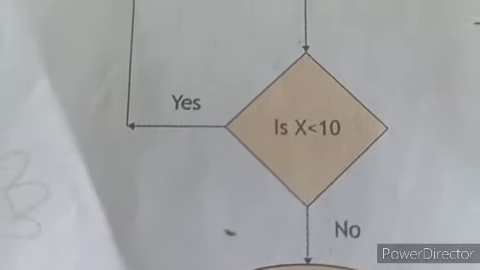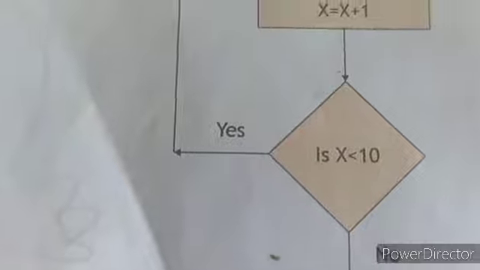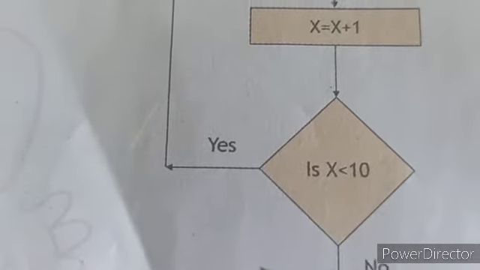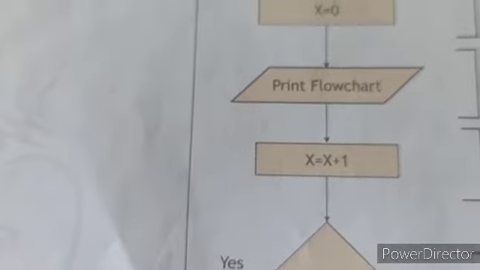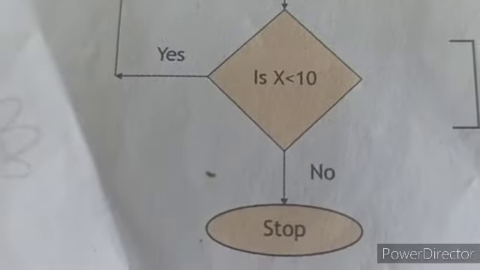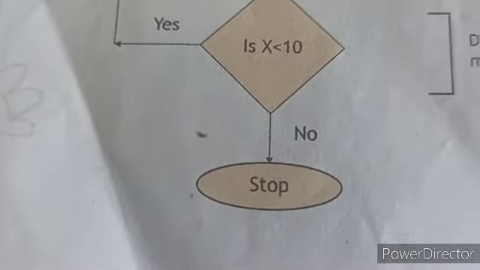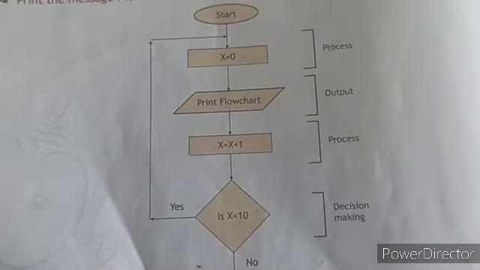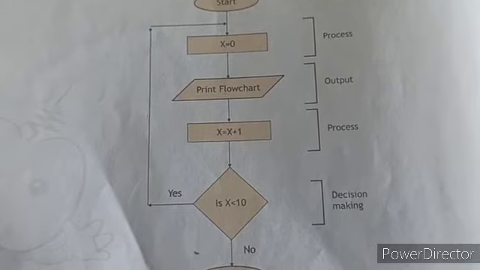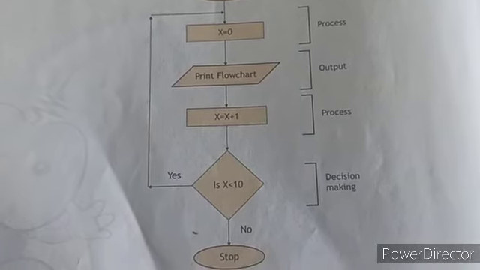So when the x value is 11, it will not go that way because the condition is false. It will come to the no portion, and the program will be completed or stopped. In this manner you can use the condition box to do programming with conditions.